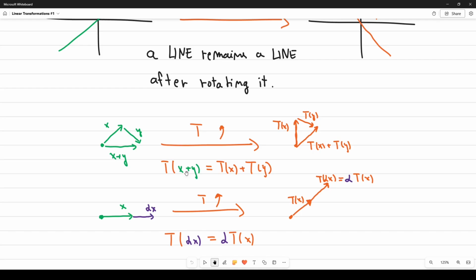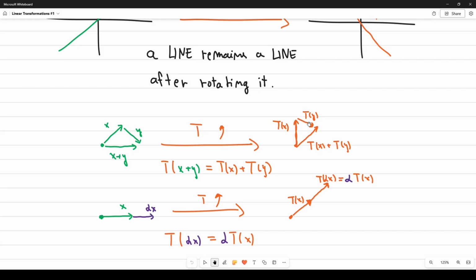Hopefully you can see that if I take this vector and rotate it by 45 degrees, I get this one, and that is indeed equal to taking each vector, rotating it over here, and then adding them. Take this whole thingy and rotate it, and it ends up like this.